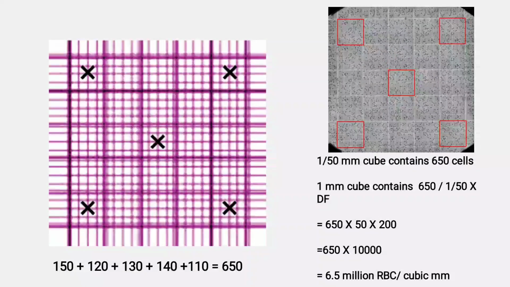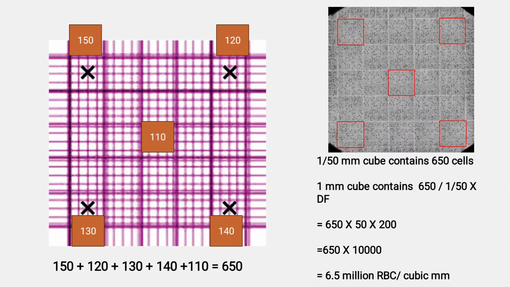We already counted 650 cells, distributed into 1/50 cubic millimeter. So 1/50 cubic millimeter contains 650 cells, and 1 cubic millimeter contains 650 divided by 1/50, that means 650 into 50 into the dilution factor 200. So 50 into 200 is 10,000.